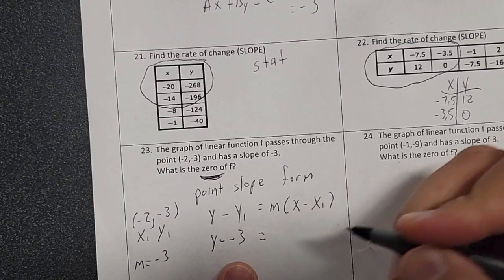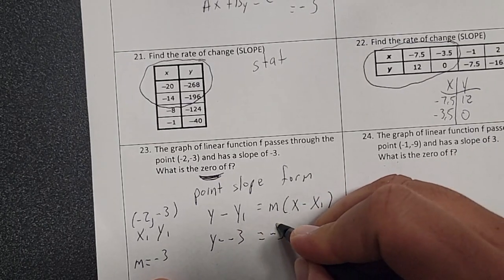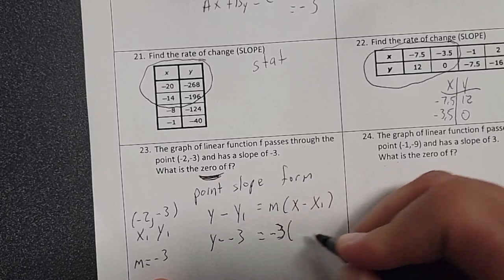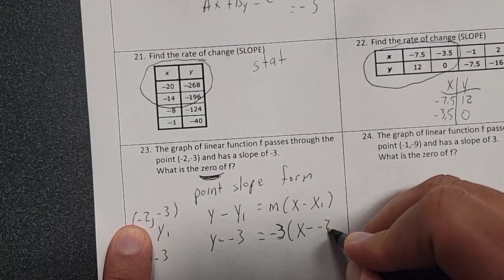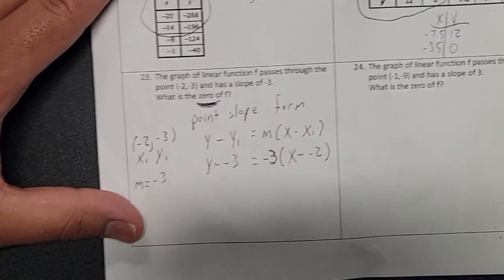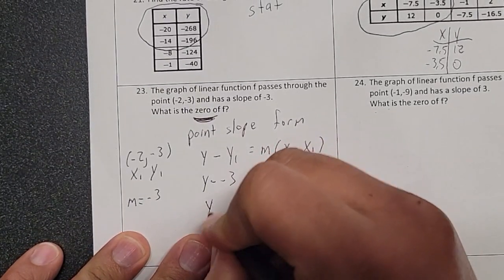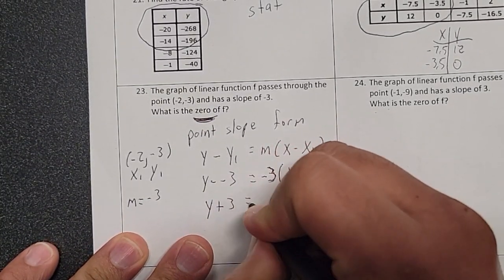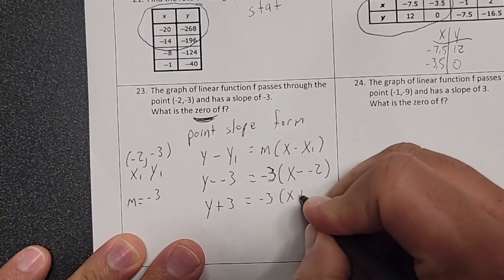A negative and a negative is going to be a positive. The slope is -3, parentheses x, and this is a minus, and then I have a -2. So I'm going to clean this up a little bit so we can put it in the calculator. A negative and a negative gives you a positive. So really this is y plus 3 equals -3, parentheses x. A negative and a negative is plus 2.